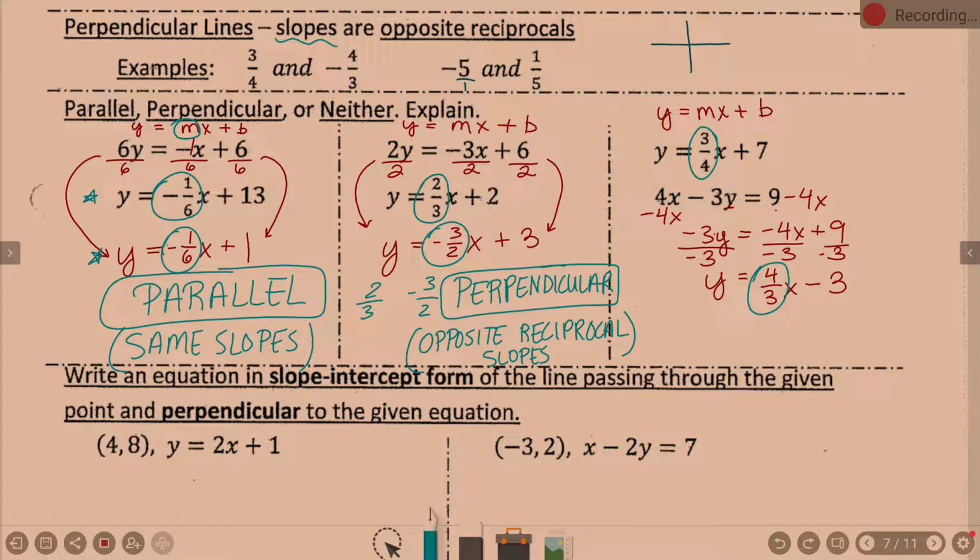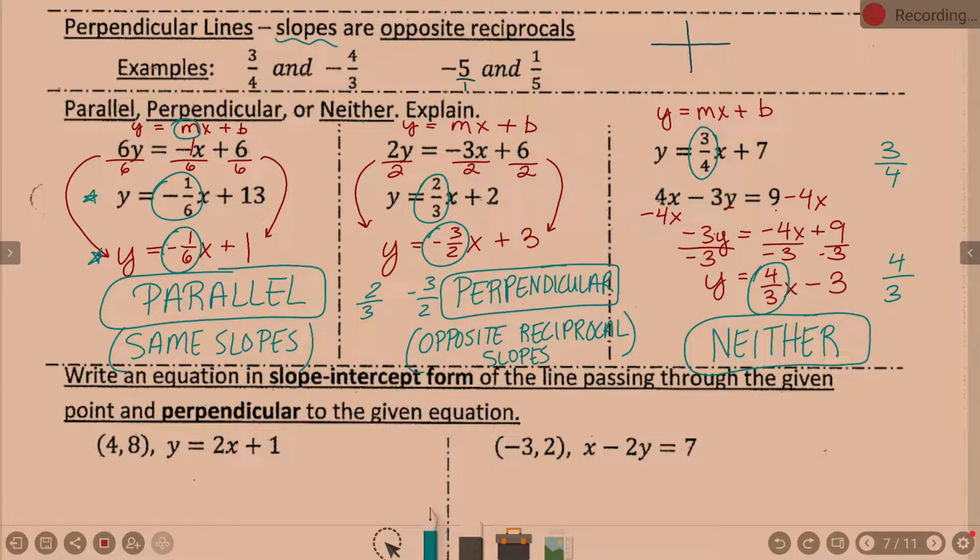They also have to be opposite, though. Are they opposite signs? No, because here I have a positive 3/4. Here I have a positive 4/3. So if they're not the same, and they're not opposite reciprocals, they are neither. Neither parallel nor perpendicular.